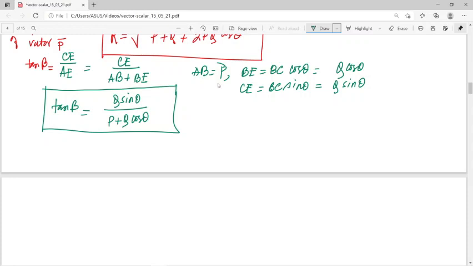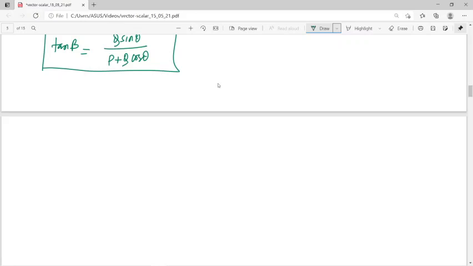That means addition of two vectors, that is called the parallelogram law of vector addition, which will give you the same result.